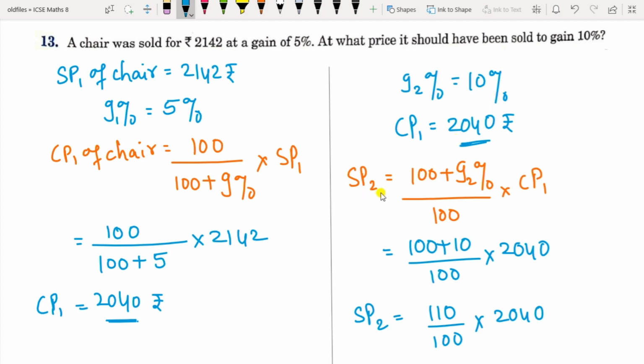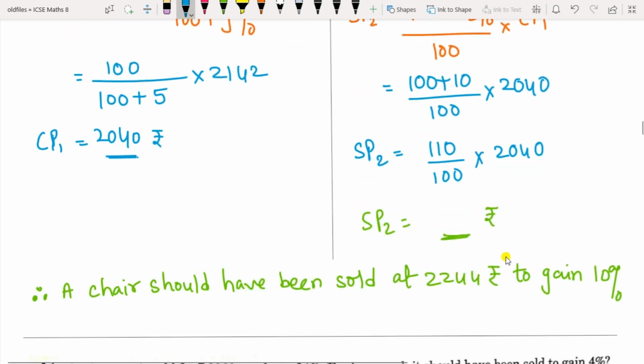So the new selling price will be (100 plus gain percent 2) upon 100 into the original cost price. When you substitute the values, you get the selling price as 2244 rupees. So the chair should be sold at 2244 rupees to gain 10%.